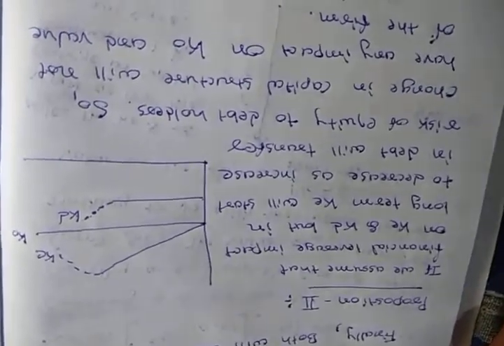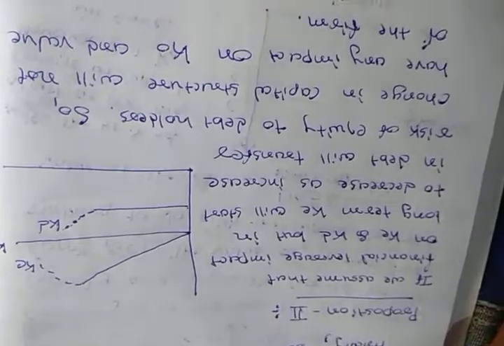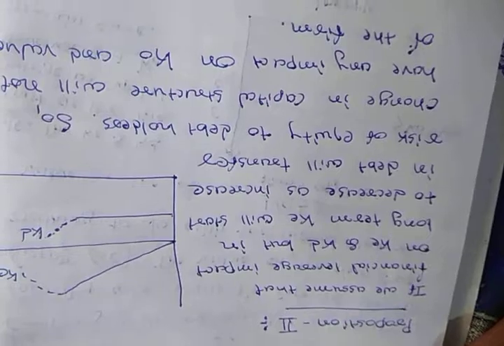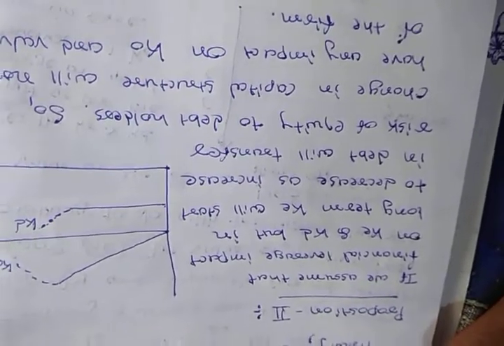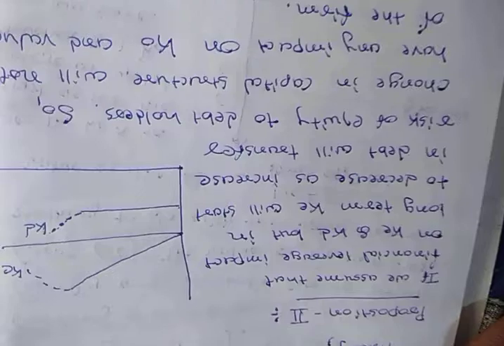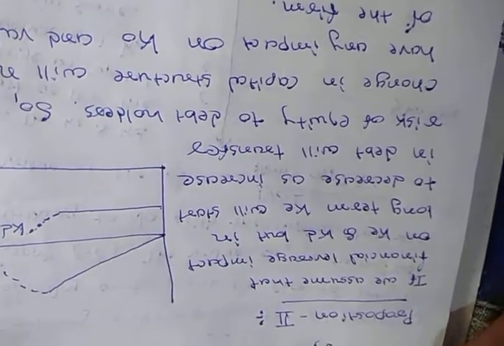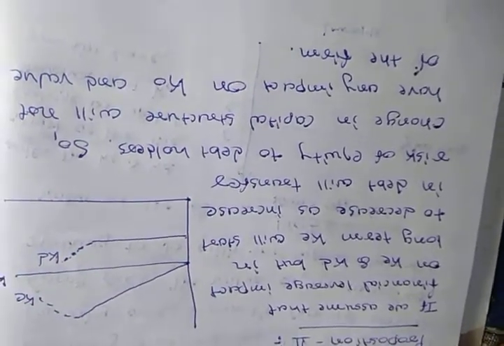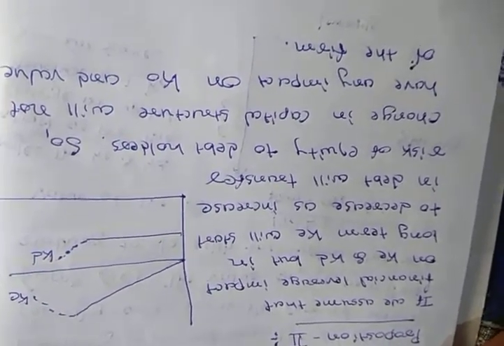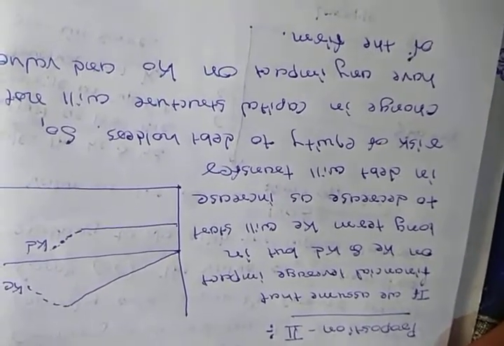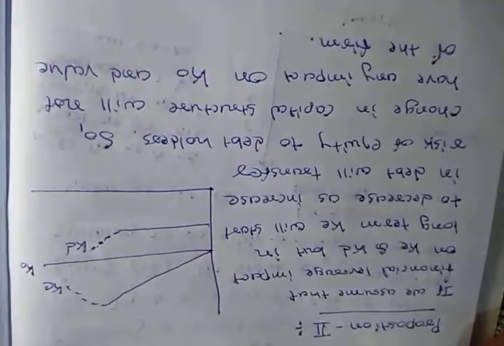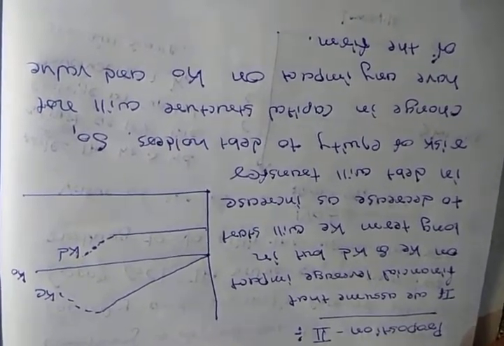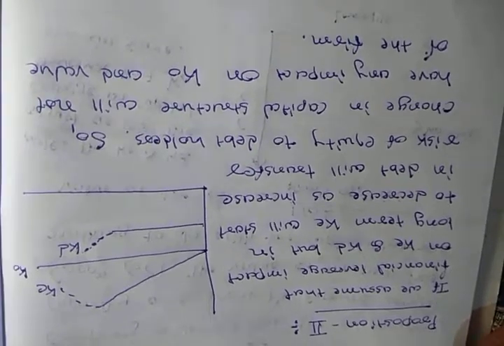Now see, if you assume that financial leverage impacts cost of equity and cost of debt, someone can doubt that if the company increases debt, definitely cost of equity will increase and cost of debt will also increase. But after a certain level, for example when debt increases to 100%, obviously cost of debt increases to 90%, and now the equity left is only 10%. Whatever risk was earlier faced by the equity shareholder is now faced by the debt holder.